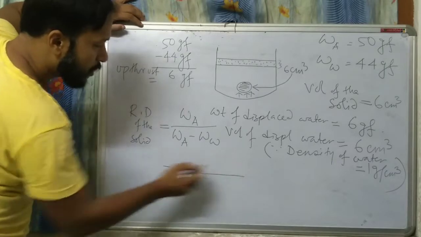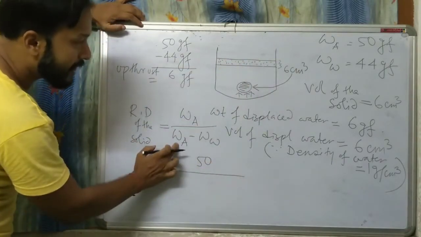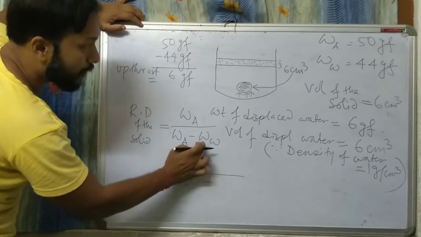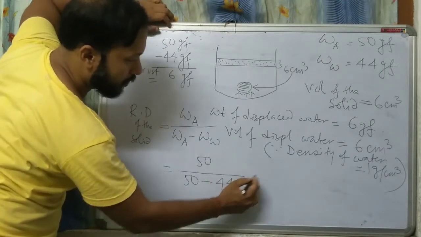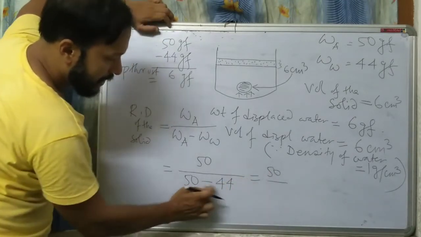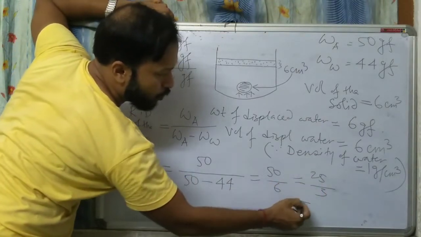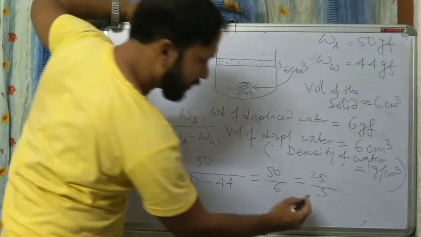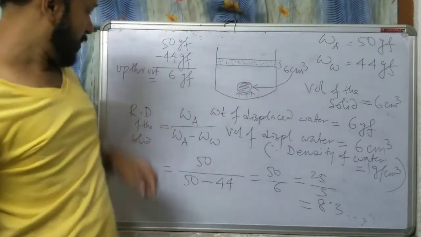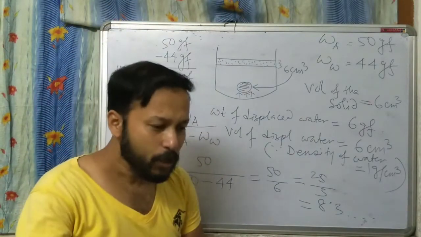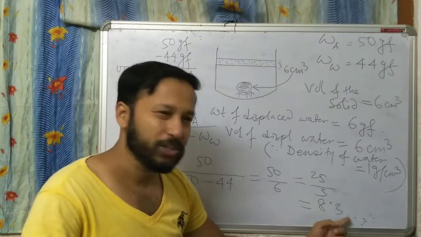Weight in air is 50 minus weight in water 44, that is 50 by 6, that is 25 by 3. 25 by 3 means 8.3. So relative density of the solid is 8.3 or 8.33.